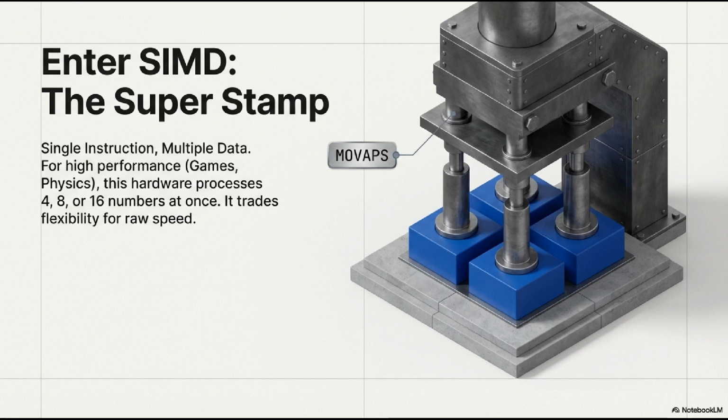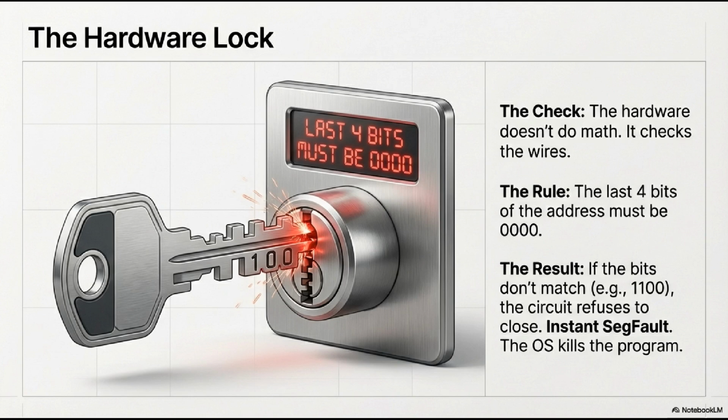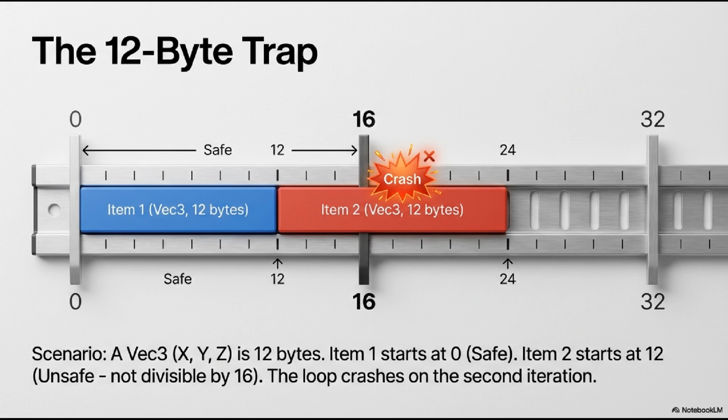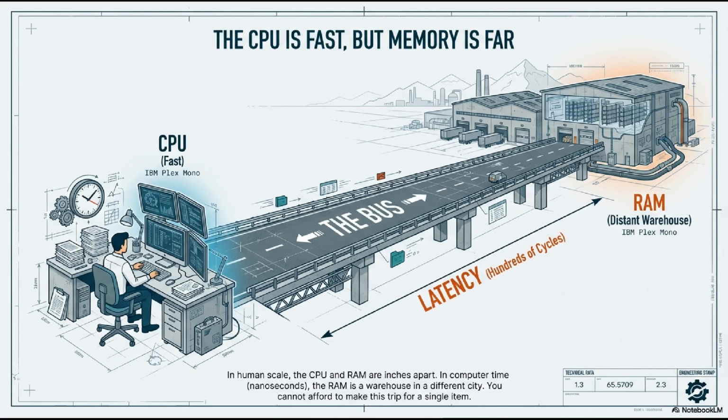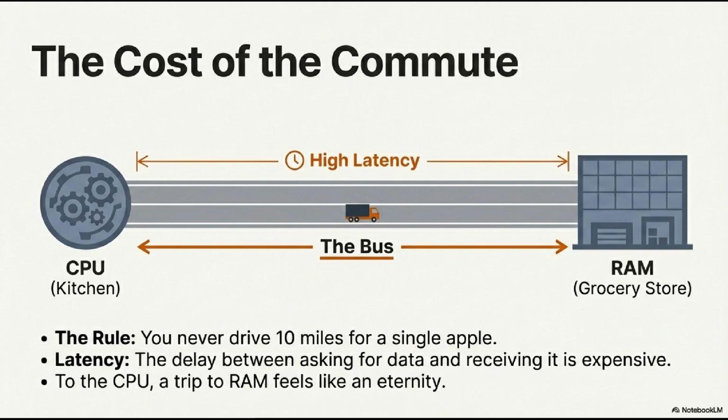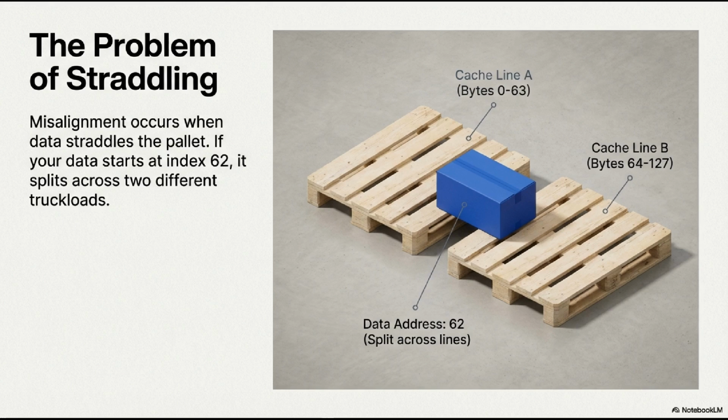By measuring these tiny delays in time, they can sometimes start to guess what the data is, or where secret keys are located in memory. This is a whole field of study called a side-channel attack. So, bad alignment isn't just about crashing your video game. In the wrong hands, it could potentially be used to steal your secrets. Wow. Even the tiny, tiny delay of a cache miss can be used as a weapon. That is a heavy thought to end on.